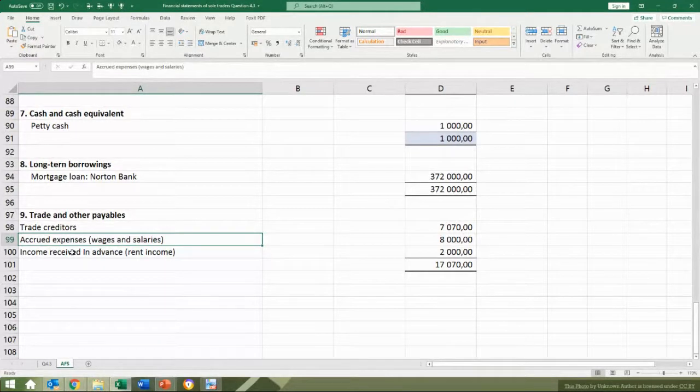So if he decides to move out before then, we are technically liable to repay him that amount that he's already paid because we haven't provided a service as yet. This is also a liability for that reason. And then I just showed what type of income related to that category. So these two come from our adjusting entries.